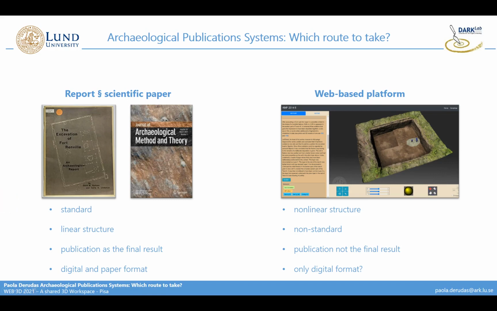They don't have a standard structure because a standard structure does not exist for them. And they do not represent the final result of an investigation, but can be an active part of the archaeological process, and can contribute actively to the knowledge production about that specific project.